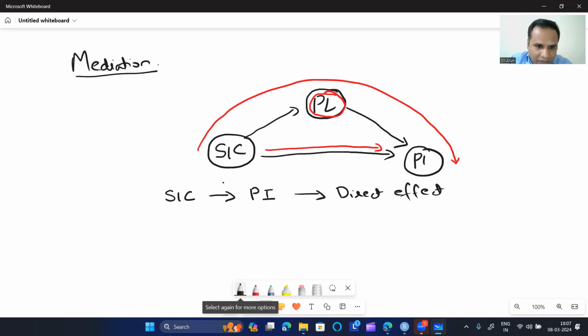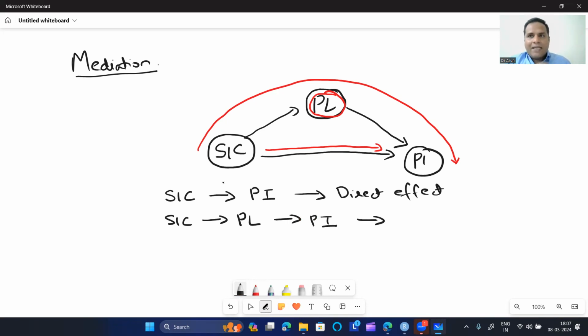When I say indirect effect, it means SIC leads to perceived liking, and this perceived liking leads to purchase intention. So when there is another construct in the model which affects the relationship between the two variables, that is SIC and PI, we say there is an indirect effect.